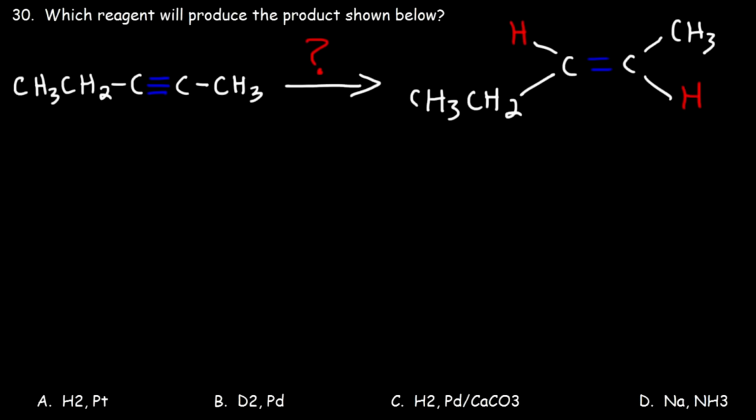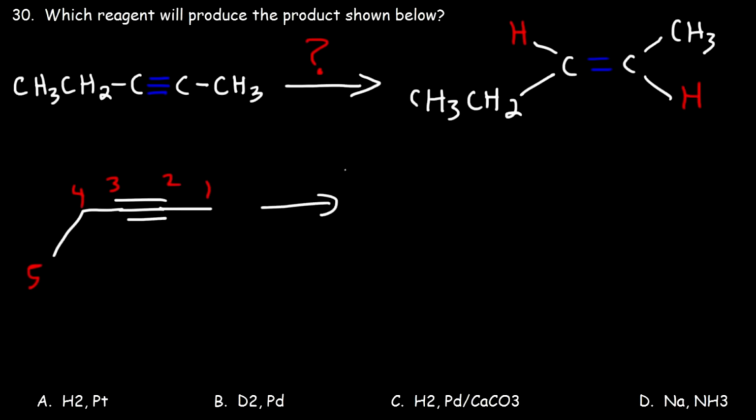Which one will convert the alkyne into a trans alkene? So we can draw the alkyne like this. The alkyne has 5 carbon atoms. Let's call this carbon 1, 2, 3, 4, and 5.